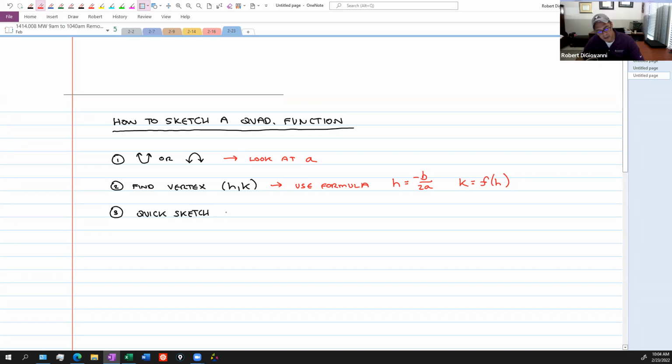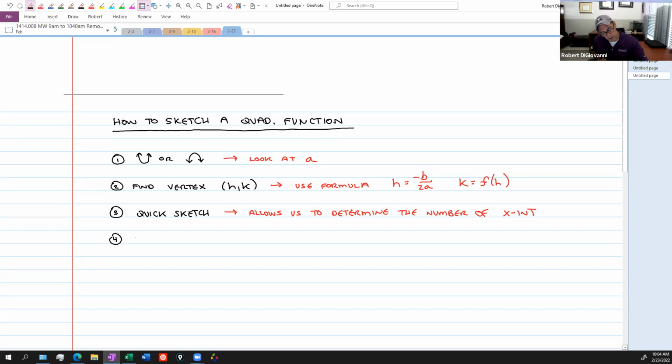But what's going to happen here is this allows us to determine the number of x-intercepts. So remember, when it comes to x-intercepts, we can have none, 1, or 2. If we do a quick sketch, that will help us determine how many we have. And you'll see when I do an example.